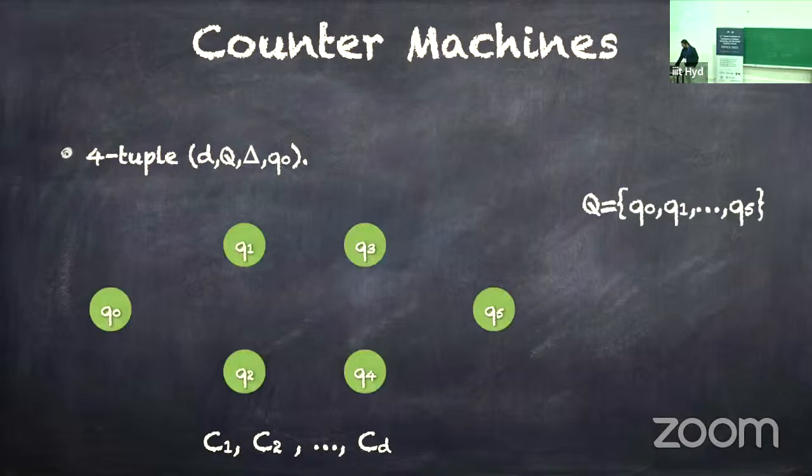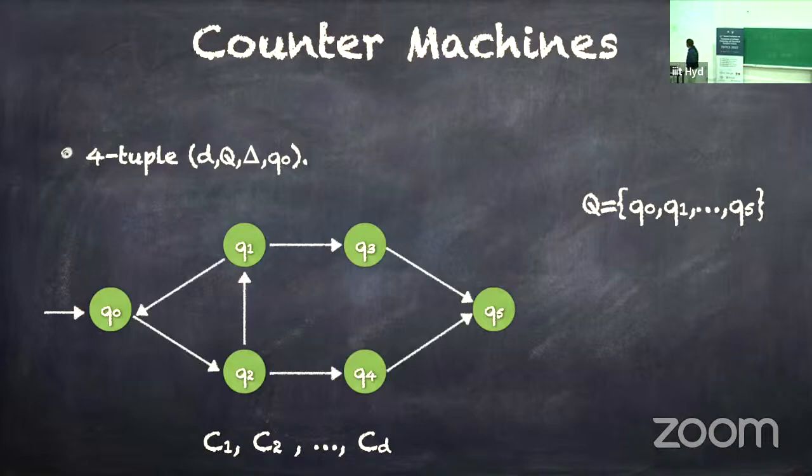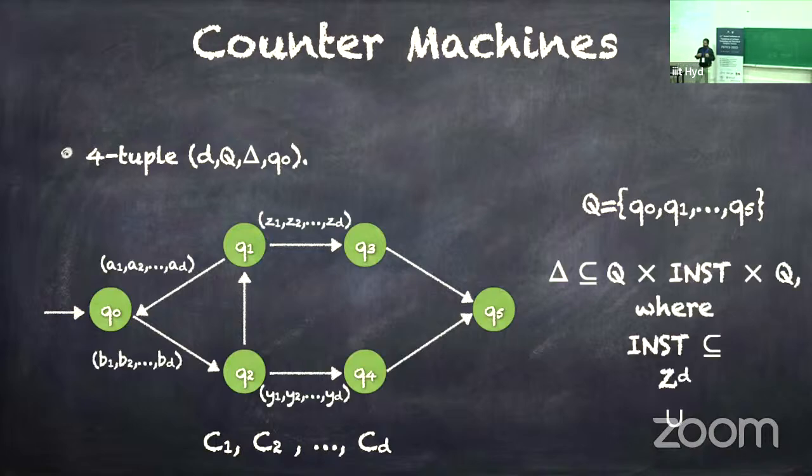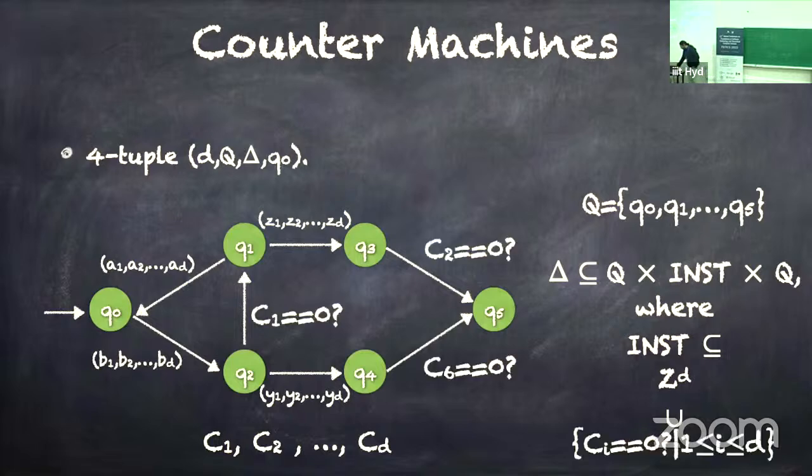It has a finite set of control states, an initial control state, and transitions amongst these control states, which are labeled by a vector of dimension d over integers, which basically encodes how you increment or decrement the counters C1 to CD when you take that transition. It can also have some zero tests, which indicate when a transition can be taken.